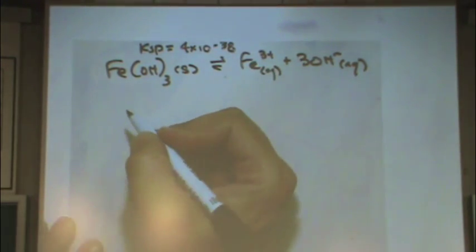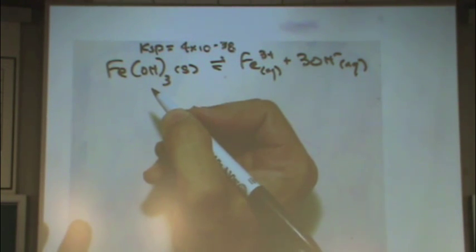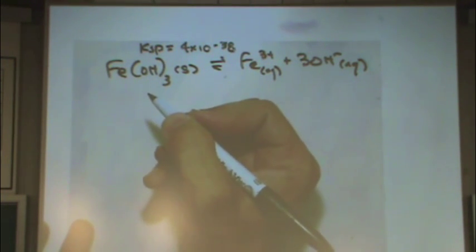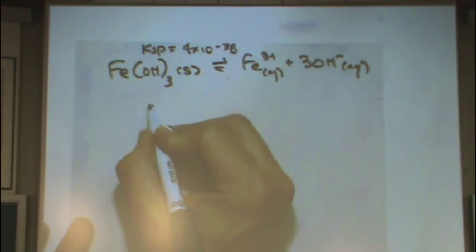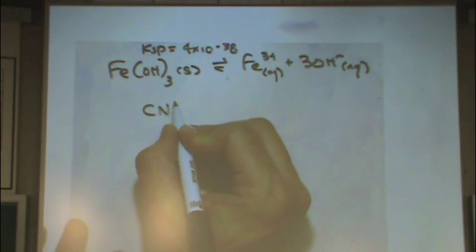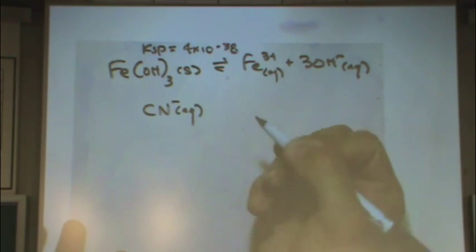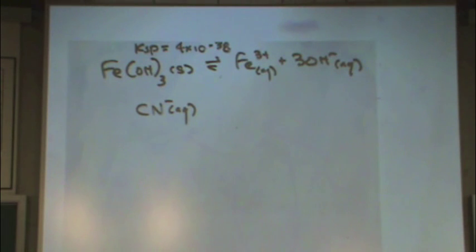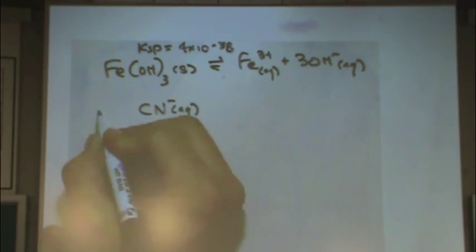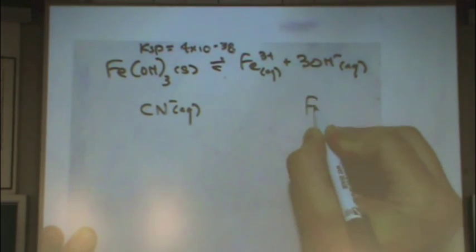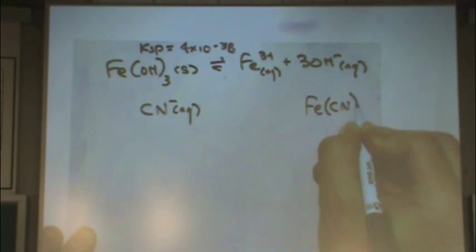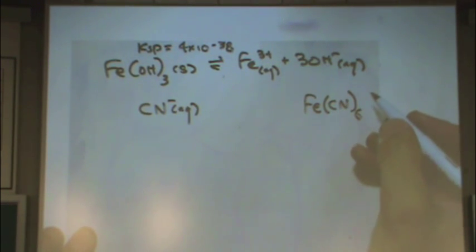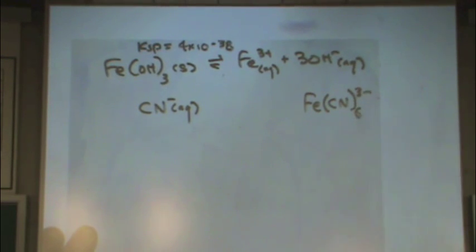Okay, so let's say in this question I added cyanide. So I'm going to add cyanide to this, a certain amount. What you would find, we would give you the KF value for this, and it turns out there's this compound that it'll form, an iron cyanide with 6 cyanides on it, and it has a 3- charge.